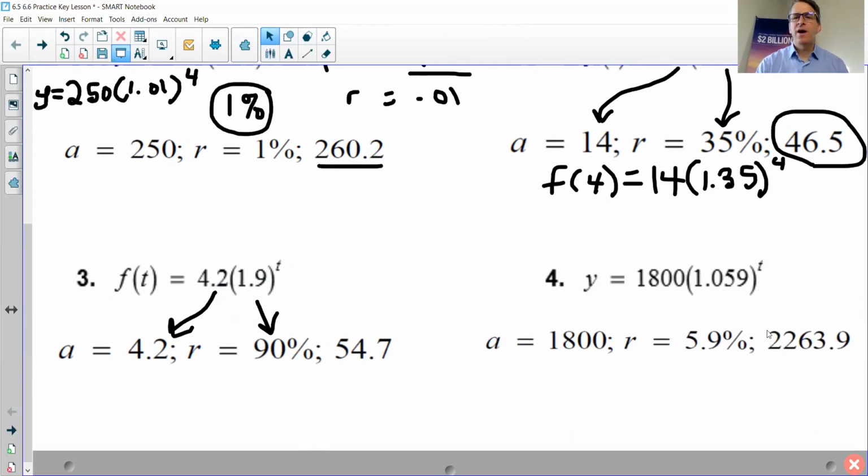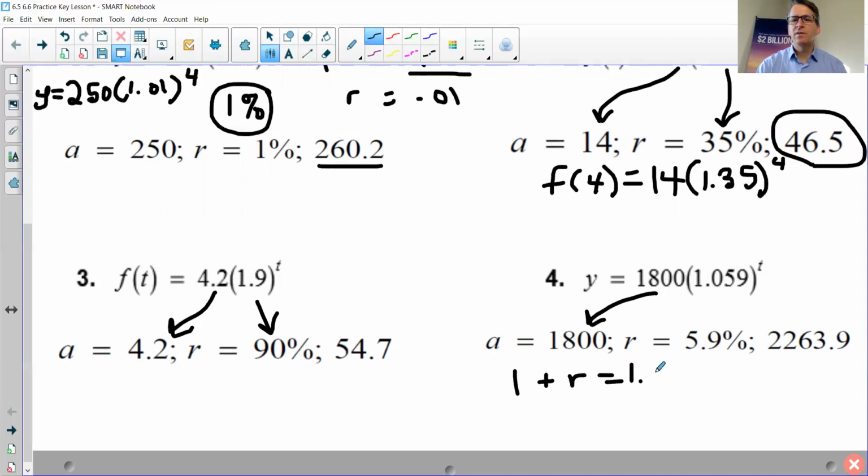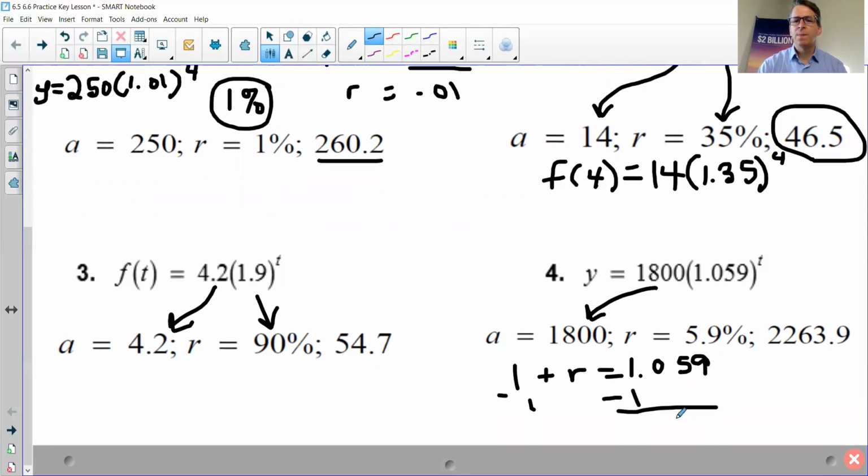Number 4, you have the initial amount to be 1,800 here. The rate is 5.9%. Now, how did you get that? That'd be 1 plus the rate equals 1.059. By subtracting 1 from both sides, your rate is equal to 0.059, and that's the decimal.